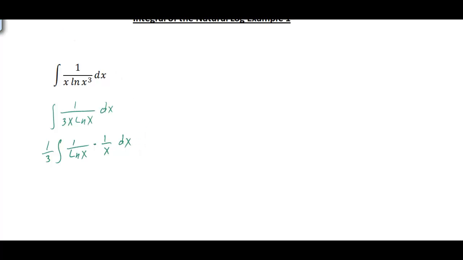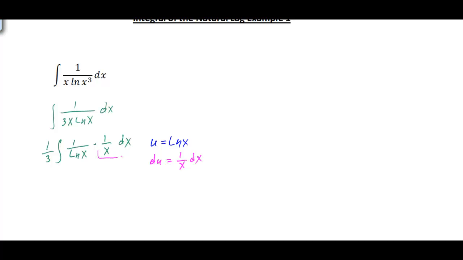Here in this example, you're going to find out if we let u equal the natural log of x, then the derivative of ln of x is simply du over u, so that's 1 over x dx.